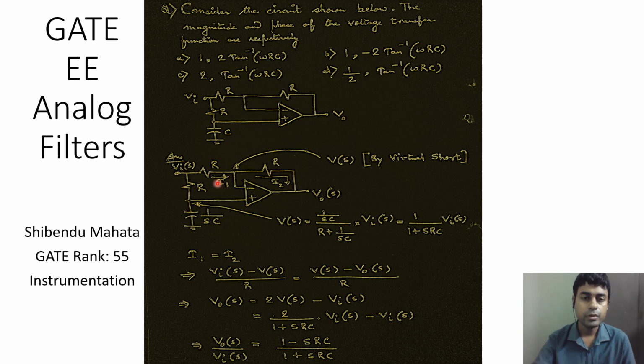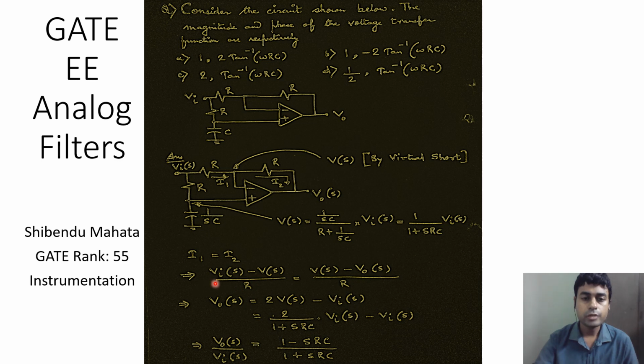If I call this current I1 and this current I2, then I1 should be equal to I2, because we know that with an ideal op-amp, no current can enter the input terminal of the op-amp. So for I1 we can apply Ohm's law: I1 will be equal to Vi(S) minus V(S) divided by R, and similarly I2 can be formulated as V(S) minus Vo(S) divided by R.